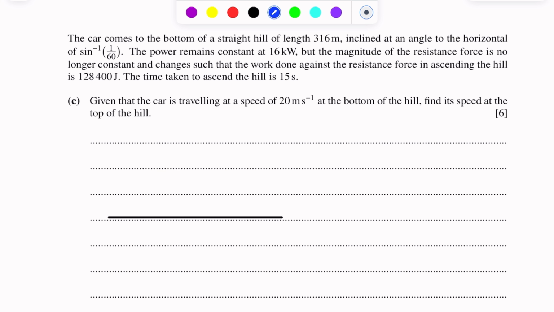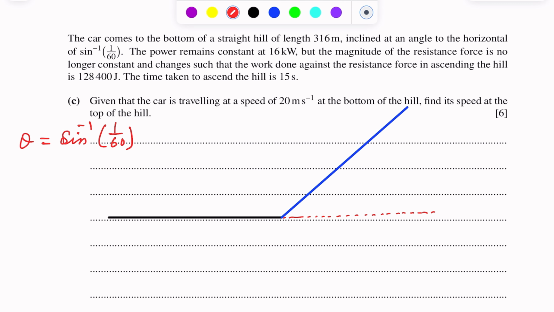This is the inclined plane, and this angle is given: theta is equal to sine inverse 1 over 60.